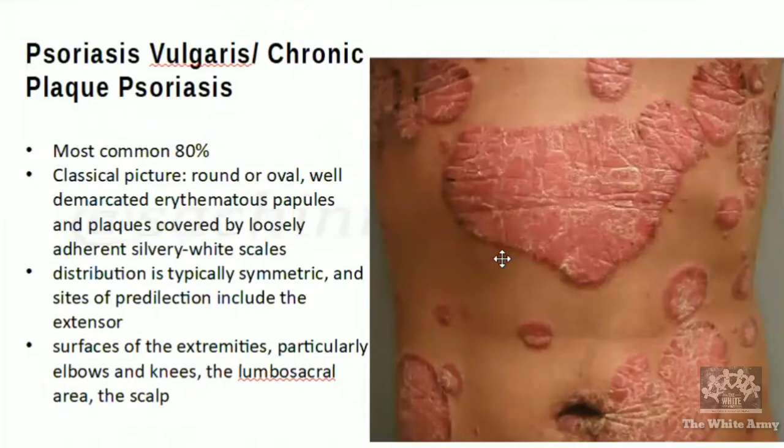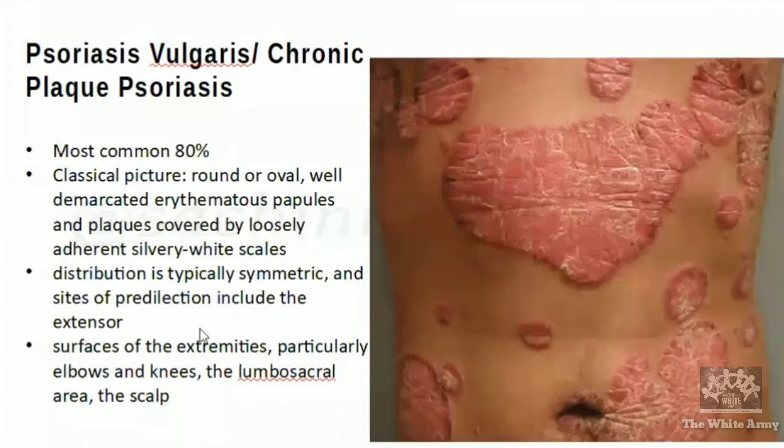Usually psoriasis comes in plaques in chronic plaque psoriasis. Covered by loosely adherent silvery white scales. As you can see, these silvery white scales here. The clinical picture is very easy. Okay, clear cut margin, erythematous plaque, and with silvery white scales.